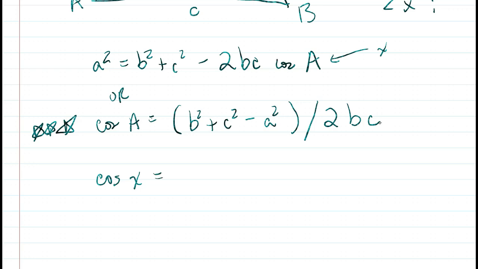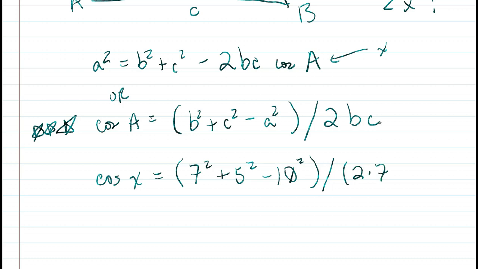We're just going to substitute in. So B is 7 squared plus 5 squared minus 10 squared. Right, all the sides are given. Divide that by 2 times B times C. Well, that's 2 times 7 times 5.